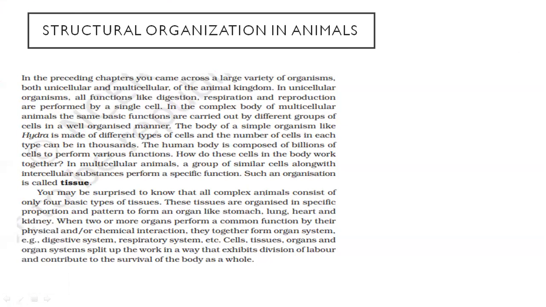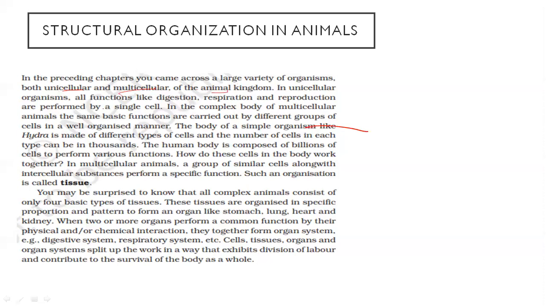So mainly today we are going to talk about tissues, okay? In the previous chapters, you have come across a large variety of organisms, both unicellular and multicellular, of the animal kingdom.